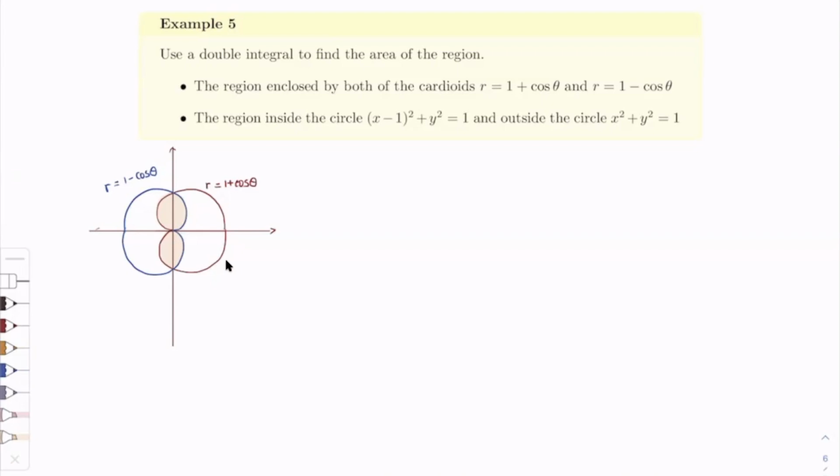So what I'm going to do is compute this part, and since it's symmetric, I can just multiply by 4.